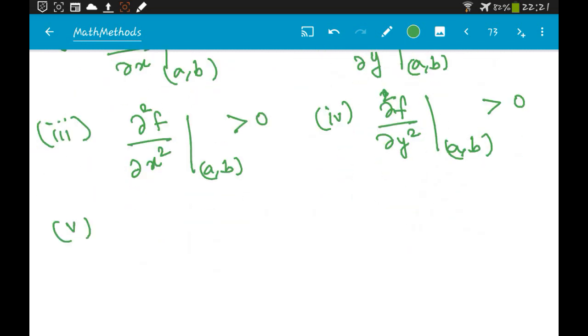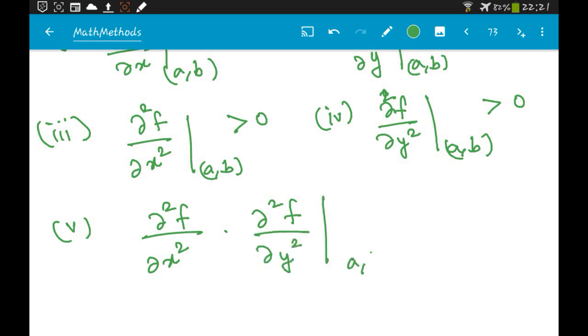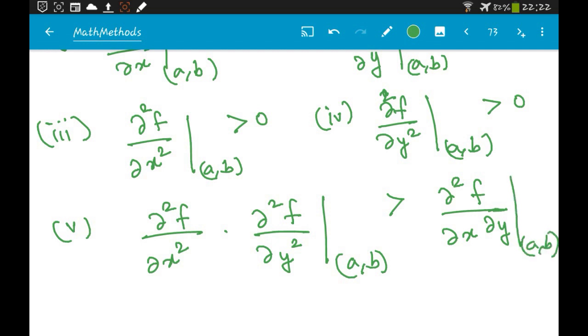And condition 5, dou square f by dou x square into dou square f by dou y square at a comma b should be greater than dou square f by dou x dou y, at a comma b. Okay. So these are the conditions.